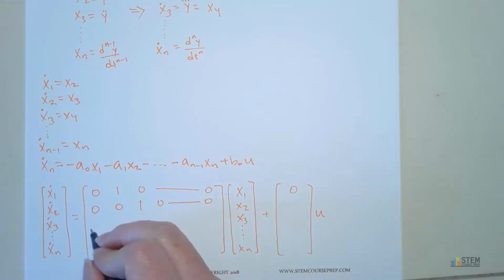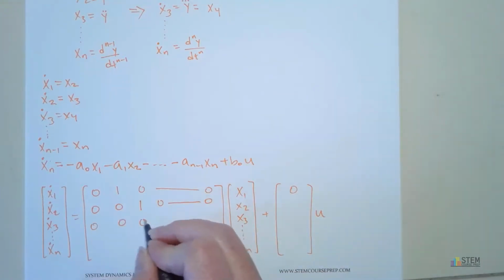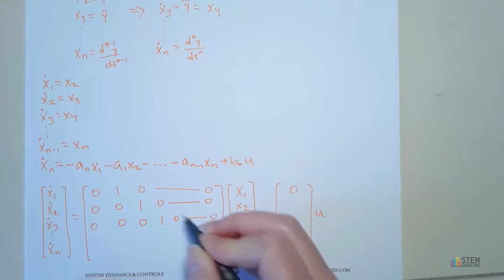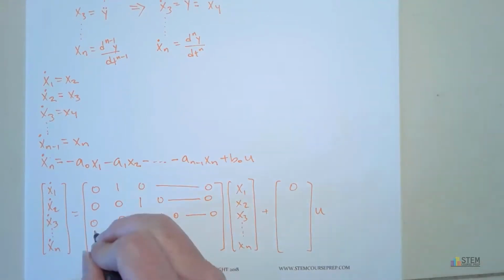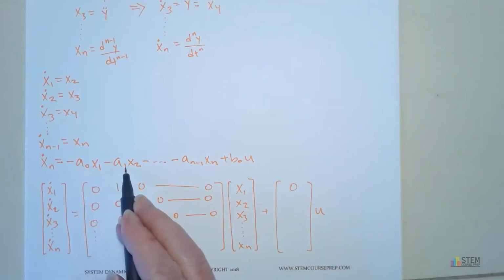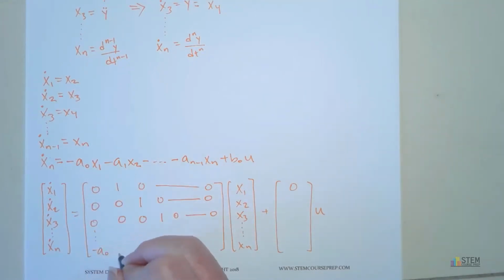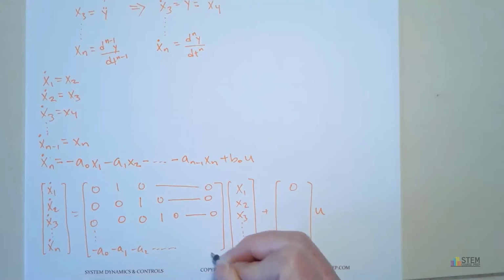If you look, basically you're going to have this diagonal of 1s right here, and that's going to continue until you get down to your last row. And in the last row, you have these coefficients: negative a0, negative a1, negative a2, and you'd go out until you have negative a_{n-1}.